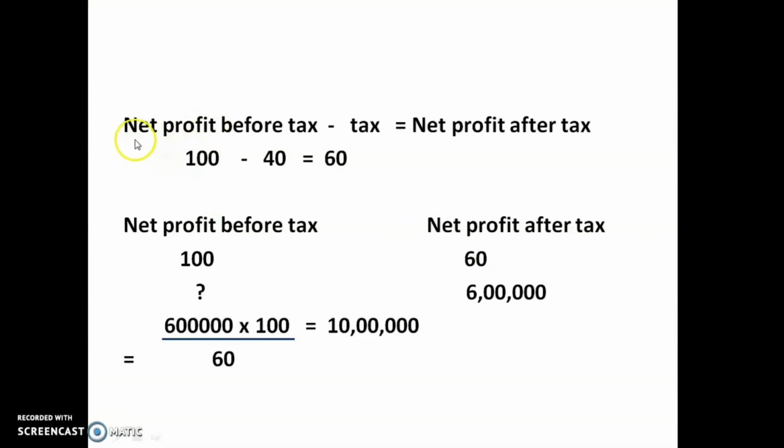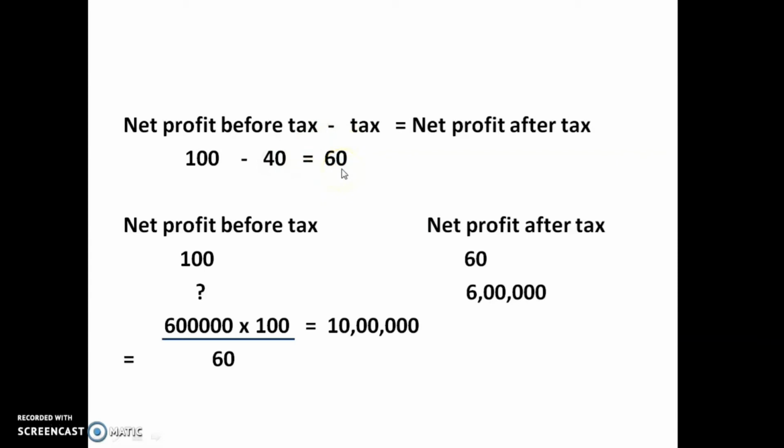Check out over here. Look, we can go for a detailed working note. Net profit before tax is 100. We have assumed that as 100. Tax is 40. So before tax your profit was 100. After paying 40 rupees tax, what is your net profit now after tax?